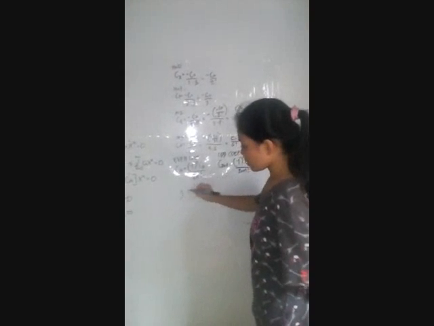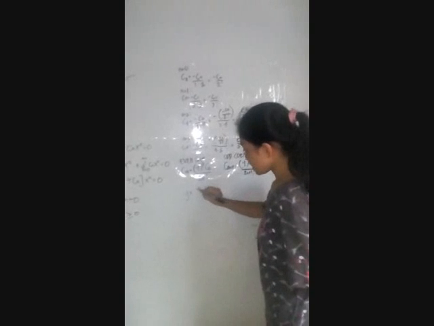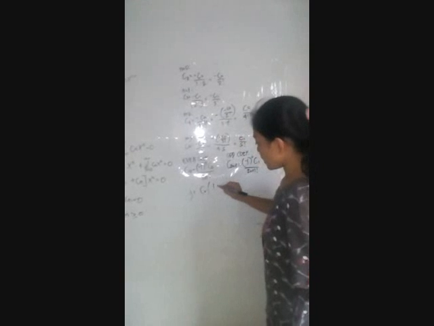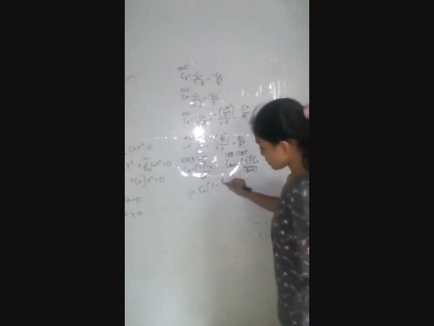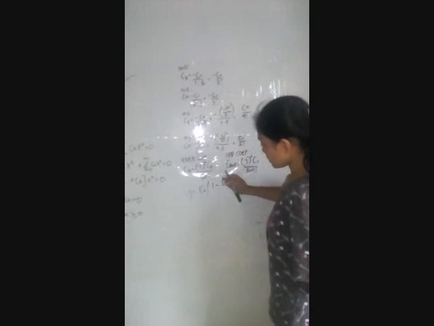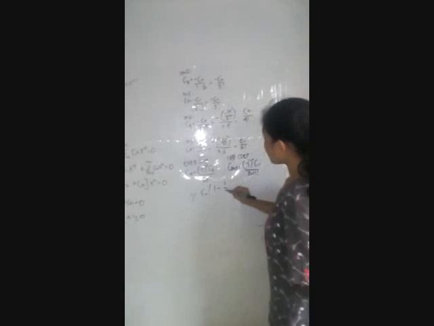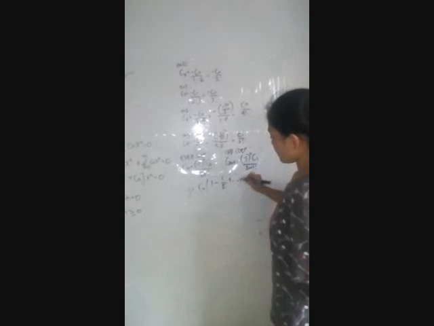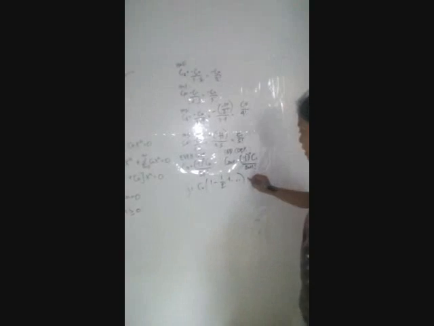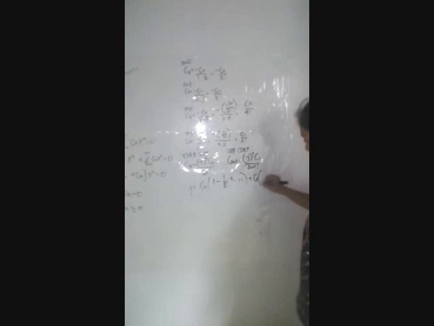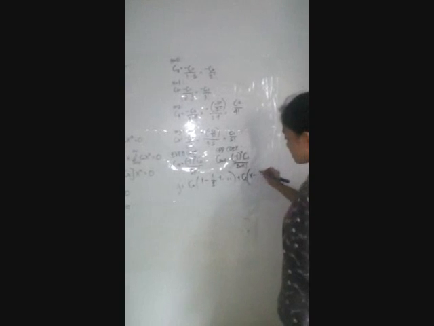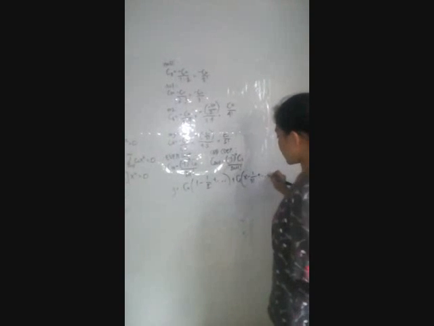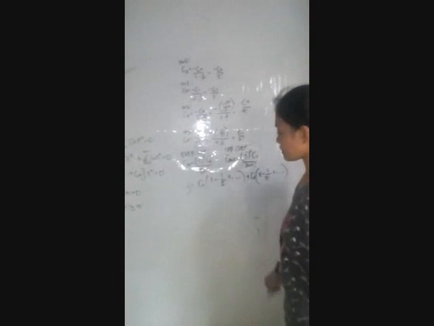So our y will be equal to c_0 times (1 minus 1 over 2 factorial x squared plus infinity) plus c_1 times (x minus 1 over 3 factorial x cubed plus infinity).